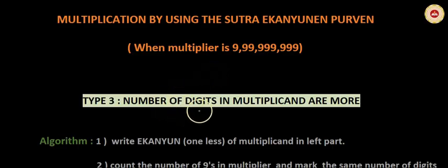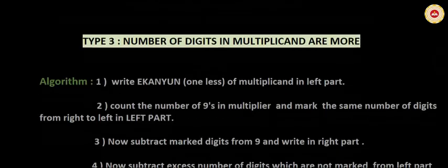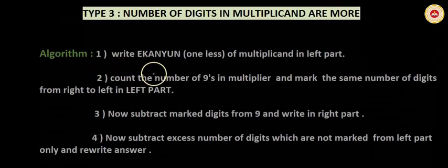Type 3. The number of digits in the multiplicand are more. Let us read the algorithm. Step number 1 is write Ekanyunen, that means one less of the multiplicand, in the left part. See friends, calculating Ekanyunen and writing the answer in the left part is a common step in all these 3 types.